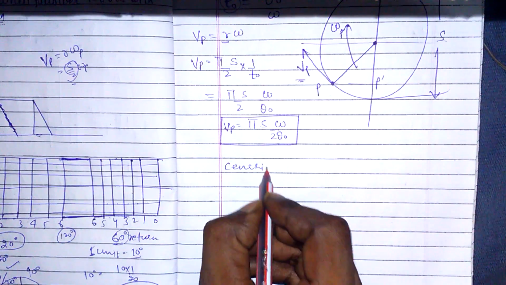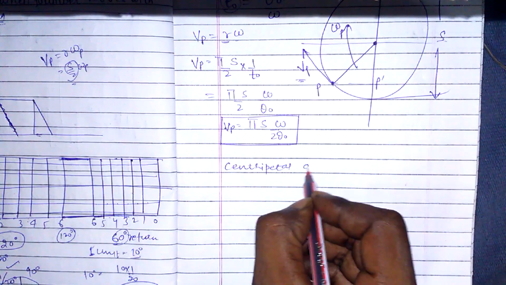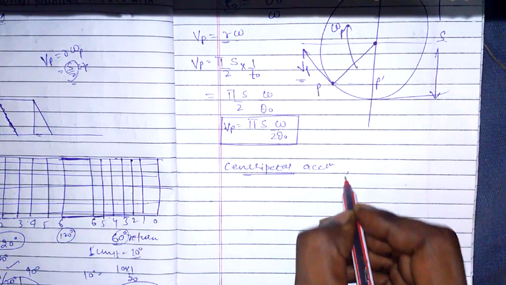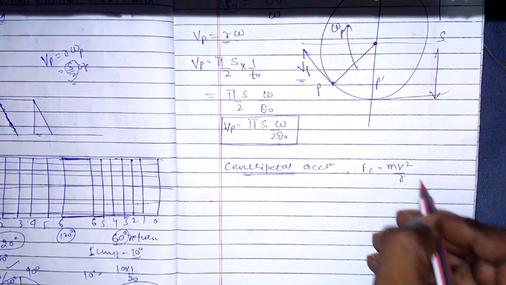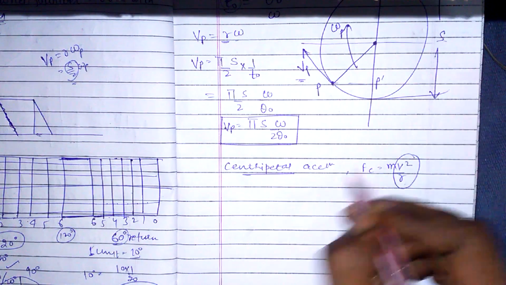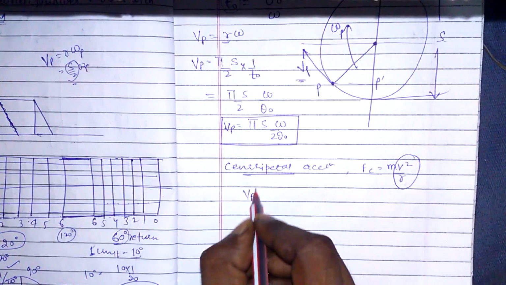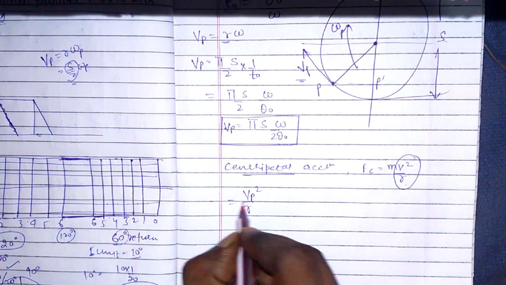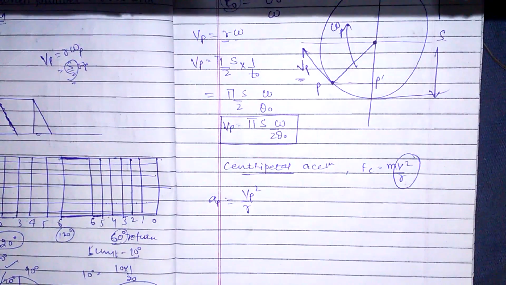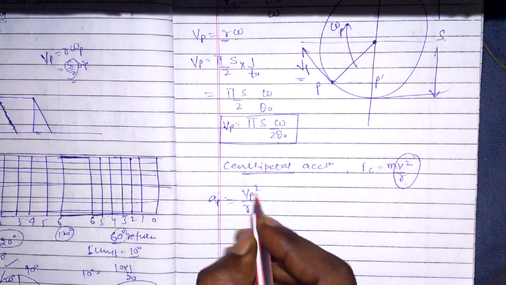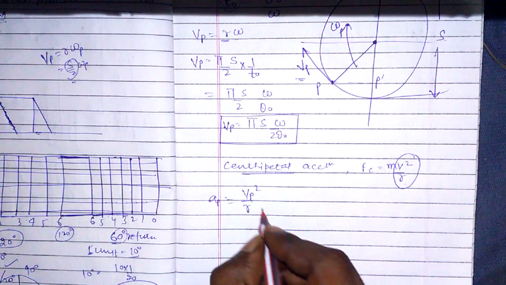Okay, now what would be the centripetal acceleration? Centripetal acceleration, we know that centripetal force F is equal to mv square upon r. So what would be the acceleration? It would be v square upon r. So Vp square upon r would be the acceleration Ap, and we know r equal to s by 2.